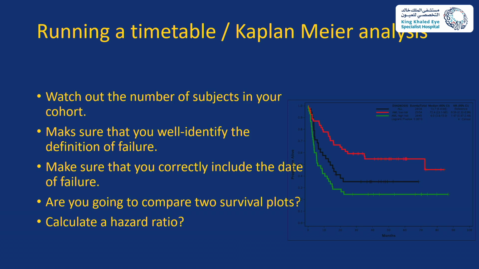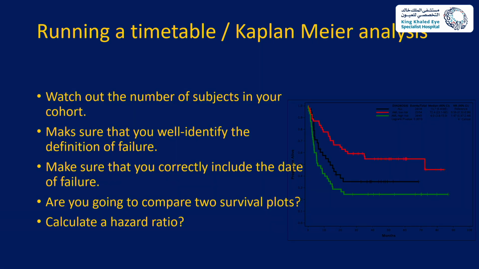We need to know how many dropouts happen, because if it is 1 or 2 or 3, it doesn't mean anything and doesn't give you any reading. We need the exact date of failure before doing this, and we have the option to compare 1, 2 or more survivorships if you have several groups.